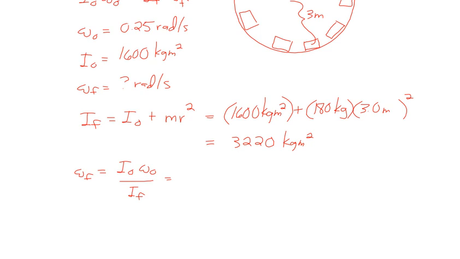Because if I double the moment of inertia, and it's about doubled, then we're going to get about half. So we're going to have 1,600 kilogram meters squared times the original angular velocity of 0.25, and that's all going to be divided by 3,220.